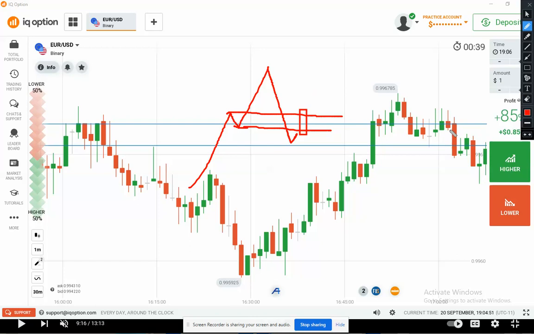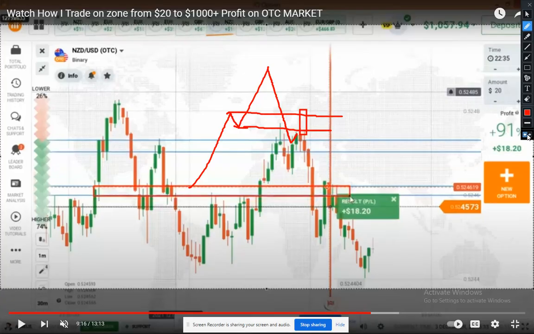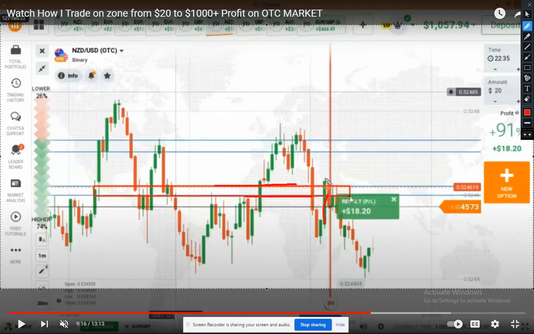If you look at this trade here, look at the zone I drew here. Then this candlestick form. This is a marubozu candle. Go and watch the video.